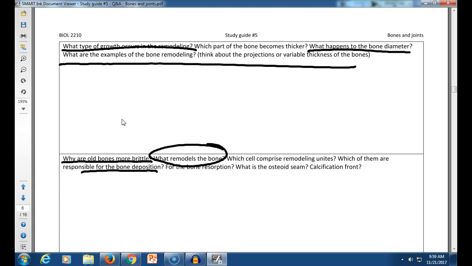So blasts are responsible for deposition, clasts are responsible for resorption. Osteoid seam is the layer of fresh matrix that is deposited by osteoblasts during bone remodeling. Calcification front is pretty much the line that shows where osteoid becomes calcified.